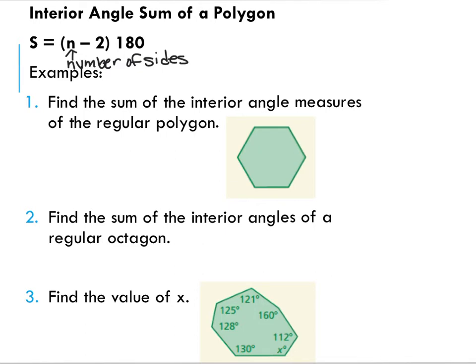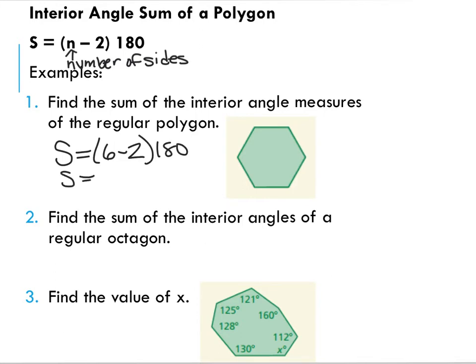It says find the sum of the interior angle measures of a regular polygon. So I know a regular polygon has all of the same angle measures and all of the same or congruent sides. If we look at this picture that we have here, we have a 6-sided figure or a hexagon, so that we have our sum equals 6 minus 2 times 180.